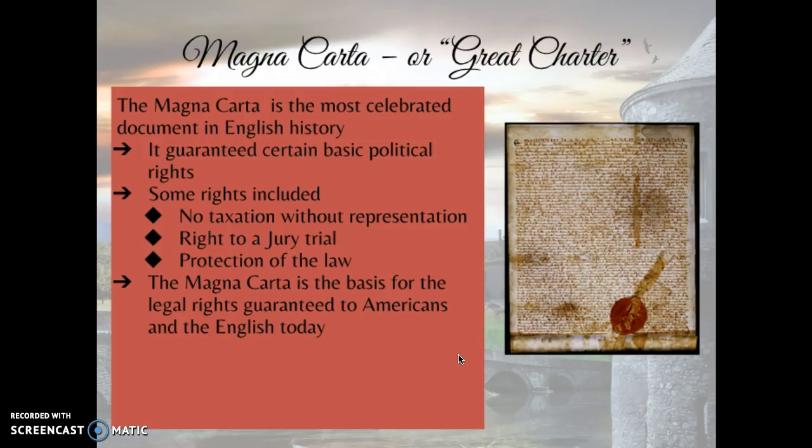So the Magna Carta is probably one of the most important documents in English history, and as Americans, ancestors or descendants of the English, it's important for us too. It starts to guarantee basic political rights. And if you look at that list there, some of these rights should sound familiar to us. And so it becomes a foundational document for us and the English.